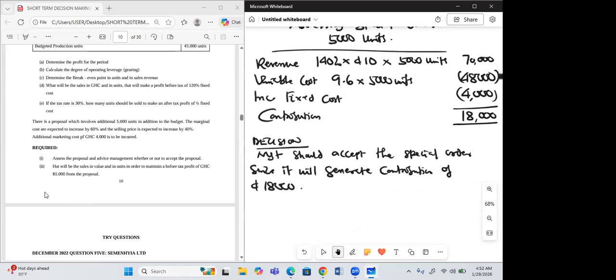And then there is an incremental fixed cost. They said additional marketing cost of 4,000. That's an incremental fixed cost, 4,000. It will generate an extra contribution. Are you getting it? My brother, are you okay? I'm okay, sir. So if management should accept it, yes.